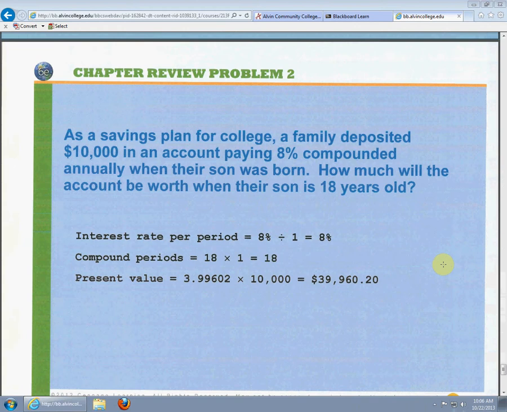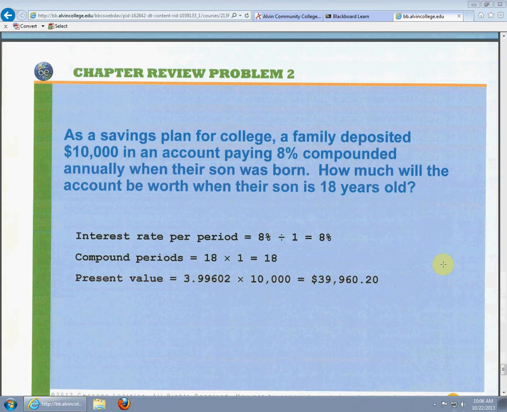Multiply that times the 10,000. So if they invest $10,000 at the time their son was born, and they can find 8% compounded interest, they're lucky, but they would have $39,960.20. So they need to send their son to a community college because that's about what it would pay, right?